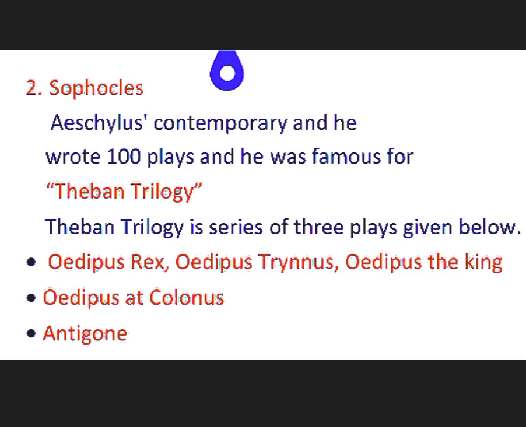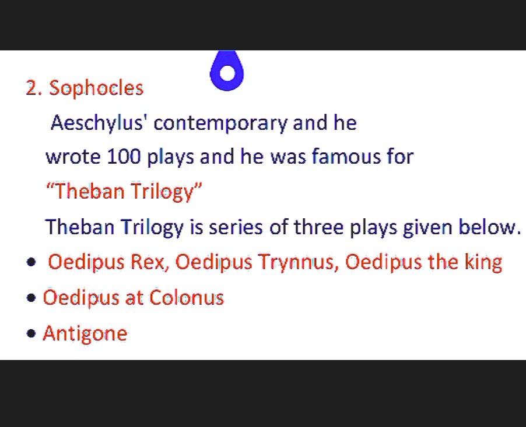The second tragedy writer is Sophocles. Sophocles was Aeschylus' contemporary, and he wrote 100 plays, and he was famous for the Theban trilogy. The Theban trilogy is a series of 3 plays. The first play is Oedipus Rex, which is also called Oedipus Tyrannus and Oedipus the King.